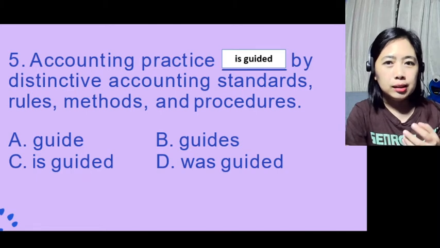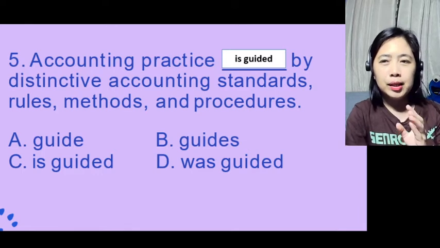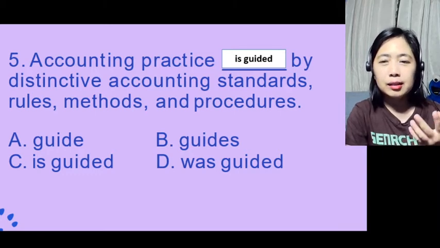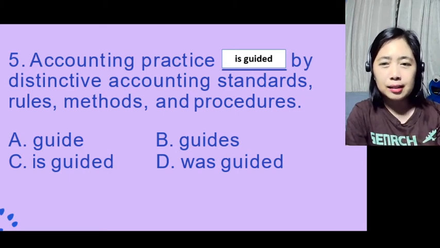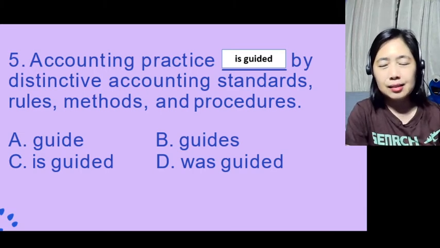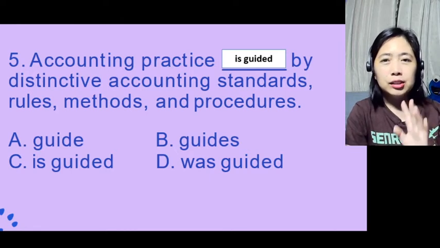We use "is" here and not "was" because it is a factual statement. It's a general truth, so it has nothing to do with the past. We can only use the past, "was guided", when there is a concrete year, for example, 2019. Otherwise it doesn't change by any fact at all, so it remains a general truth.